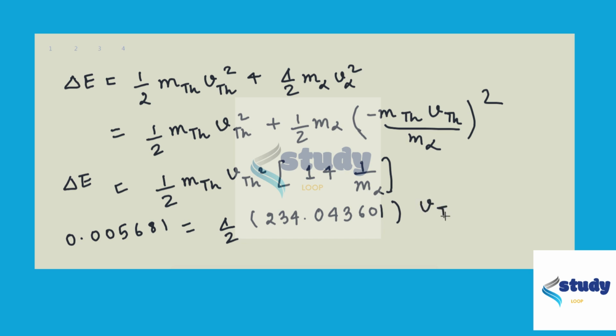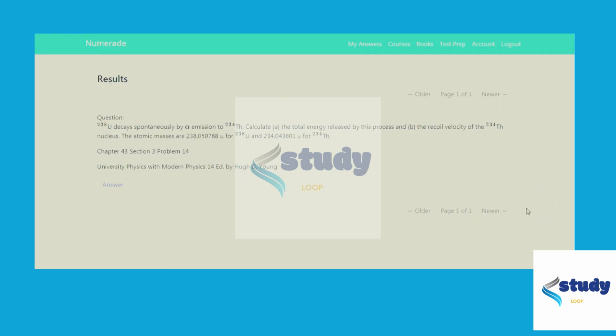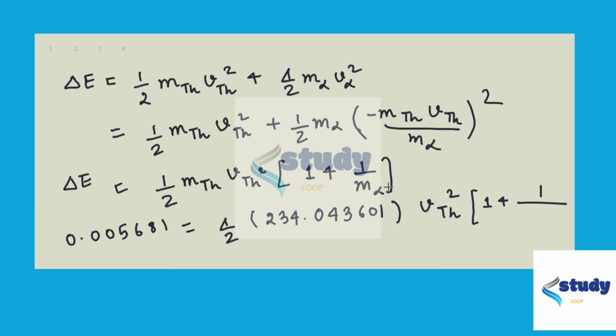And that is V thorium squared, and 1 by 1 plus, what is the mass of alpha we used, plus 4.001506. Alright, so finally, I hope it's clear that it's a half.